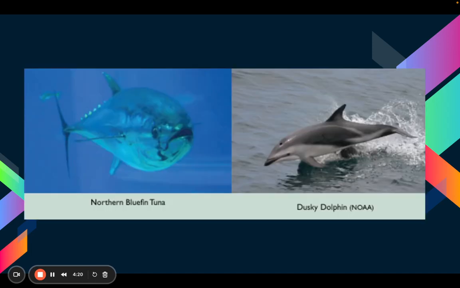For example, though the northern bluefin tuna and the dusky dolphin look the same, they are unrelated. These organisms have undergone convergent evolution for fins and sleek bodies as a result of living in the ocean. Their fins and body shape are analogous structures because they are used for similar functions, but the organisms themselves are not closely related. After all, dolphins are mammals and tuna are fish.